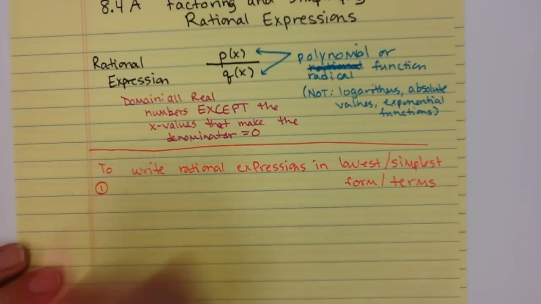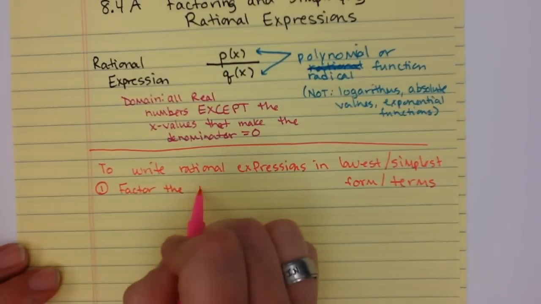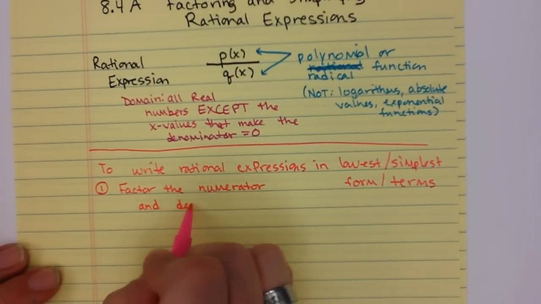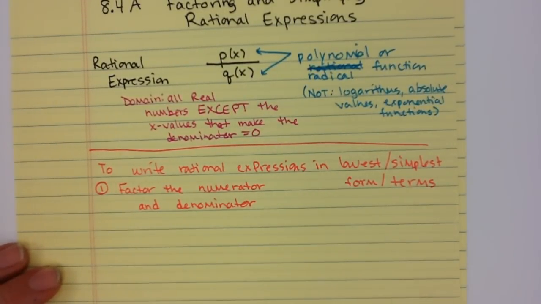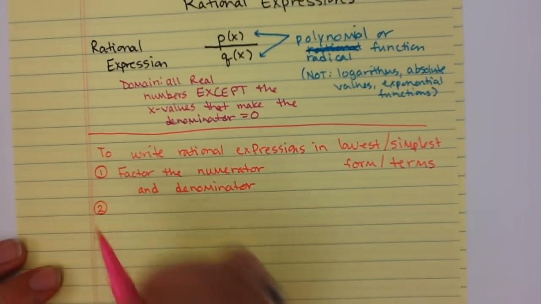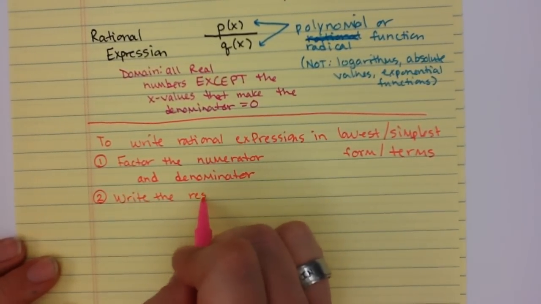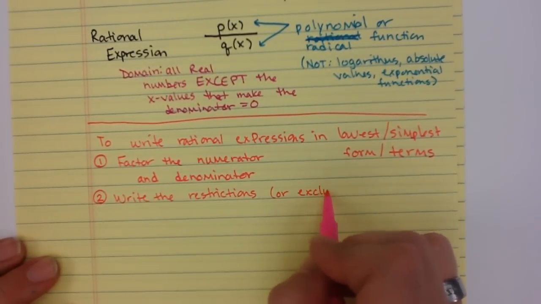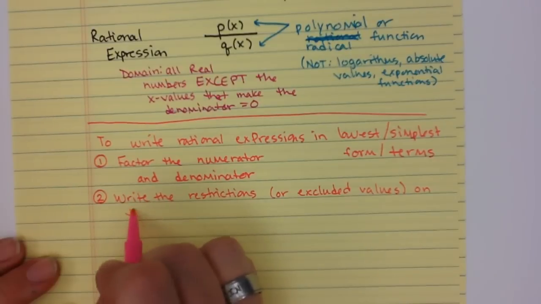The steps to doing that are, first, you will factor the numerator and denominator. That might include the GCF, difference of squares, AC method. Second, we are going to write the restrictions or excluded values on the domain.